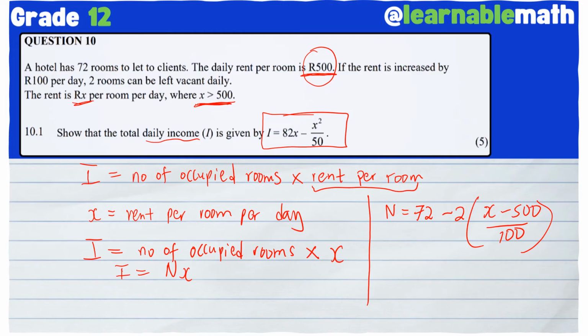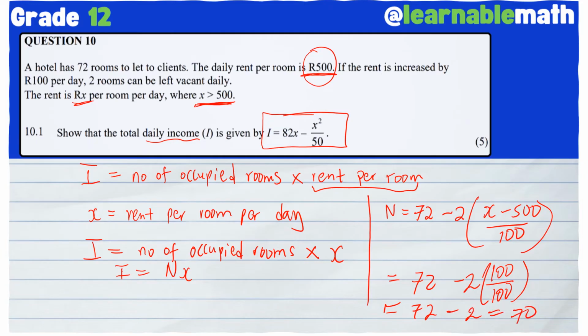If you increase, maybe your rent is now 600, then 600 minus 500 will give you 100 over 100, times 2 there. Then the number of rooms that can be occupied is 72 minus 2, which will give you 70 rooms.